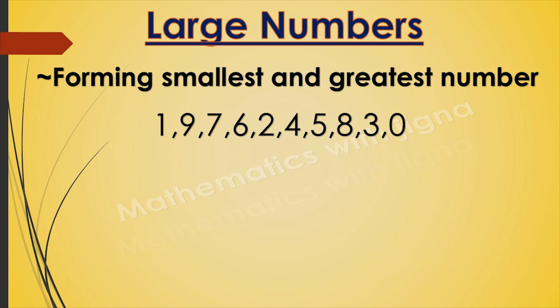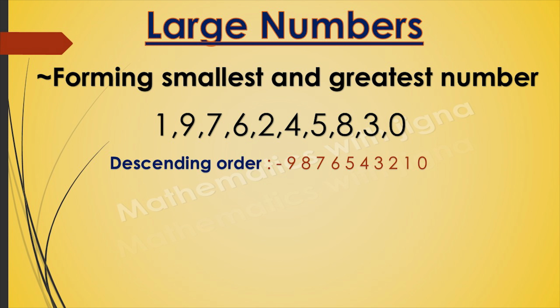Now let's write the greatest and smallest 10-digit number without repeating a digit using the given digits. The digits are 1, 9, 7, 6, 2, 4, 5, 8, 3, 0. Similarly, for the greatest number, we arrange the digits in descending order.